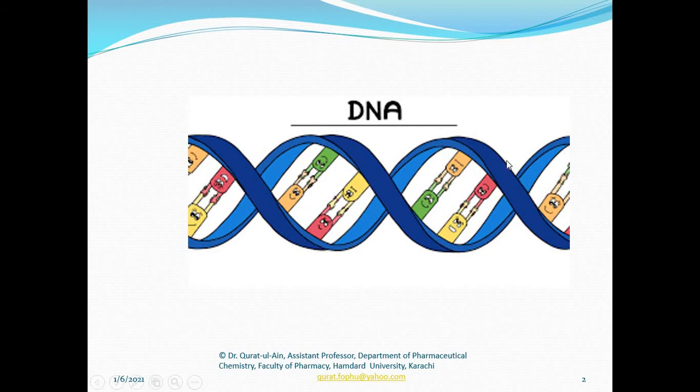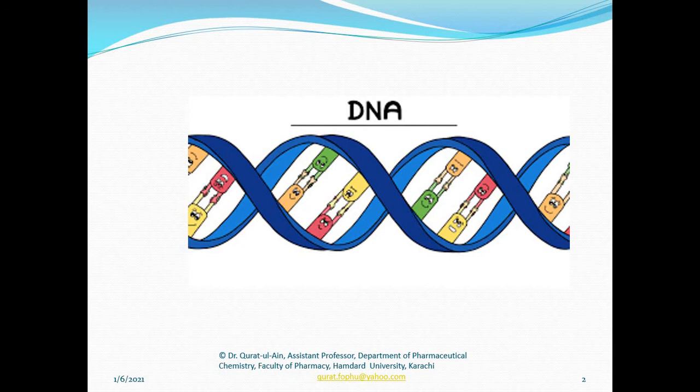To understand gene expression, we have to know what a gene is and what DNA is. DNA is a macromolecule made up of polymeric units. It is made up of polynucleotides.